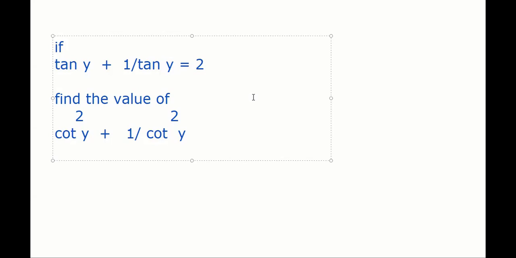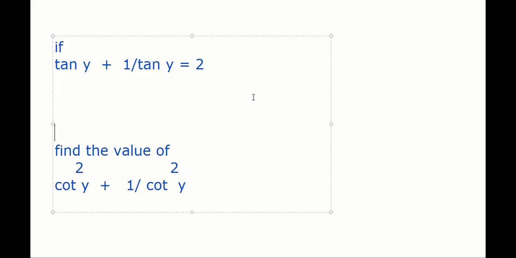Tanishka? Asta, anyone? So we can convert tan into cot y. There is another way of solving. So tan y becomes 1 by cot y plus 1 by tan y is cot y, equal to 2.